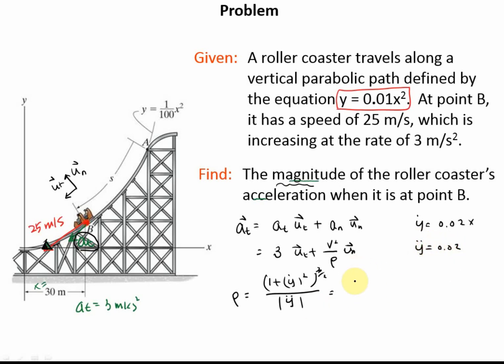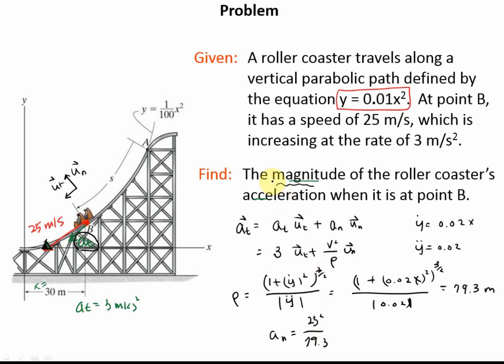So if you just plug that in, 0.02x is here, and then this is squared, to the power of 3 over 2, over the magnitude of 0.02, okay? So if you plug 30 into this x, then this is 79.3 meters. So that means at this point, this curve has a radius of curvature of 79.3. So that's why your normal component of acceleration is 25 squared over 79.3. That's it. That's the normal component.